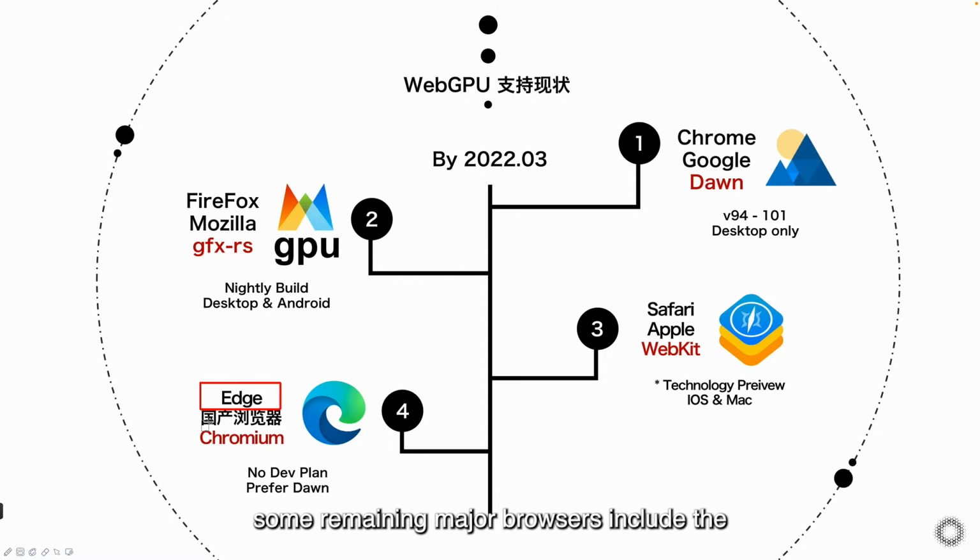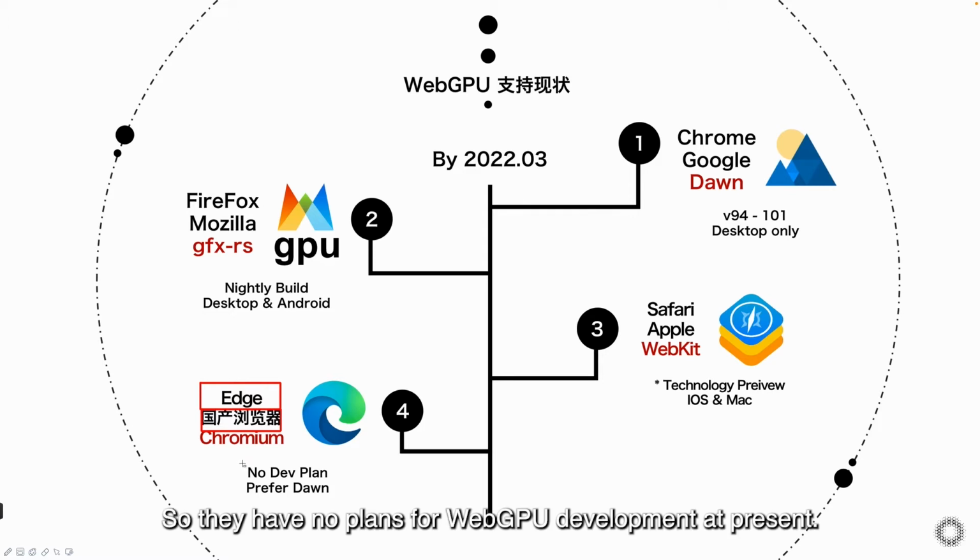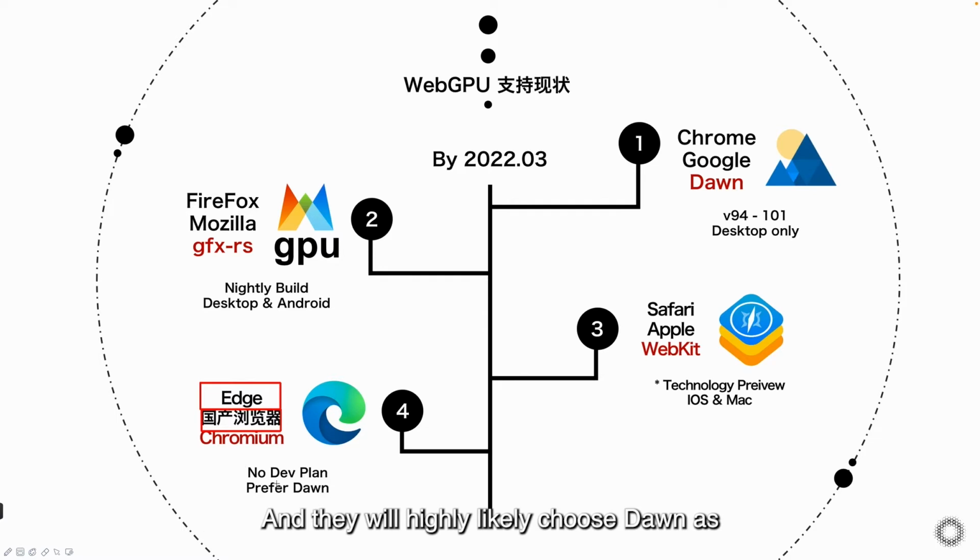As you may know, the remaining major browsers include Microsoft Edge and domestic browsers. They are actually customized developments based on the Chrome kernel, so they have no plans for WebGPU development at present, and they will very likely choose Dawn as the implementation of WebGPU directly after the official WebGPU version is released.